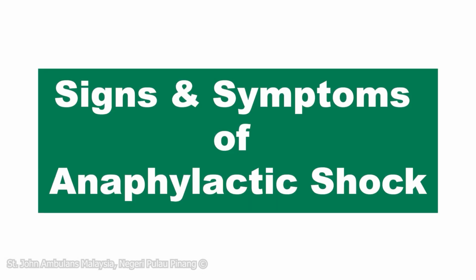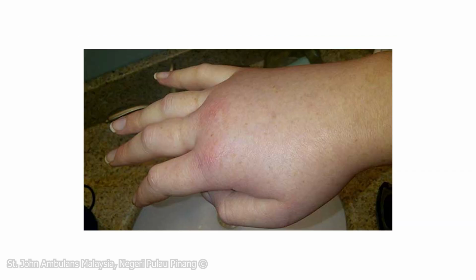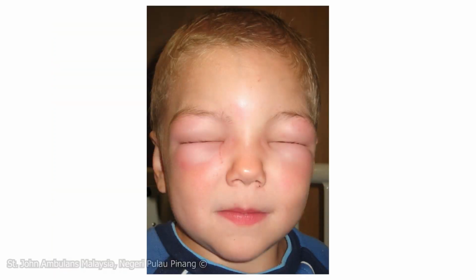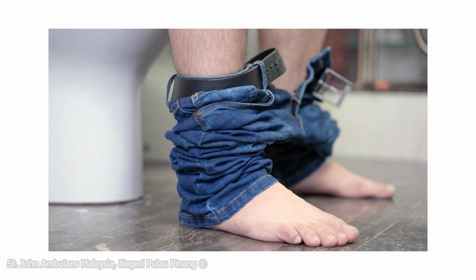Features of allergy which may be present, such as red itchy rash or raised areas of skin, which we call wheals, red itchy watery eyes, swelling of hands, feet and or face, abdominal pain, vomiting and diarrhea.